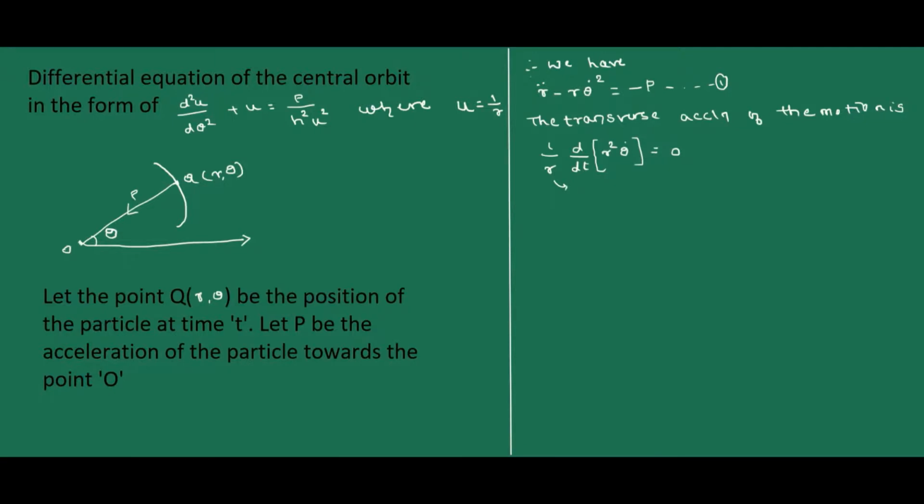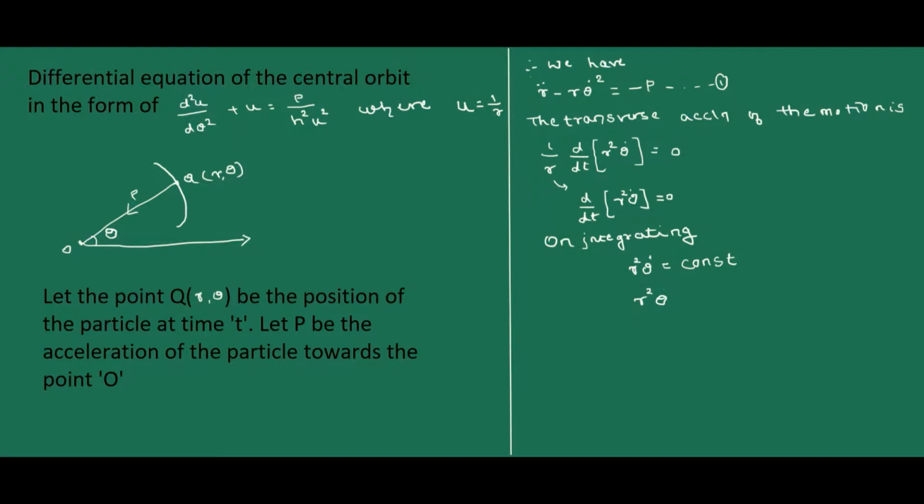Then transposing 1 by r to the right hand side, d by dt of r square theta dot is equal to 0. On integrating, the differentiation cancels, and you get r square theta dot equal to a constant, which we denote by h.